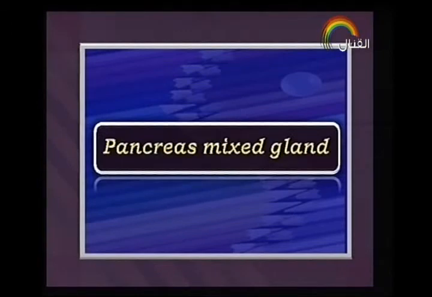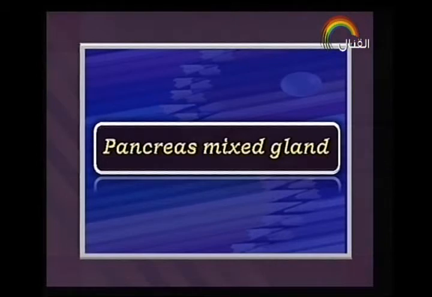Pancreas, one of the most important organs inside our body. Actually, we consider the pancreas a mixed gland. What does it mean, mixed gland? I have told you right now that we have different types of glands: endocrine, exocrine, and mixed. Endocrine glands secrete the secretion directly into the blood.